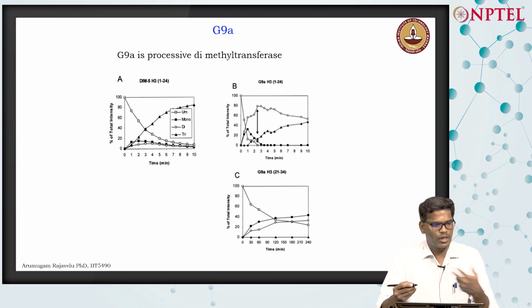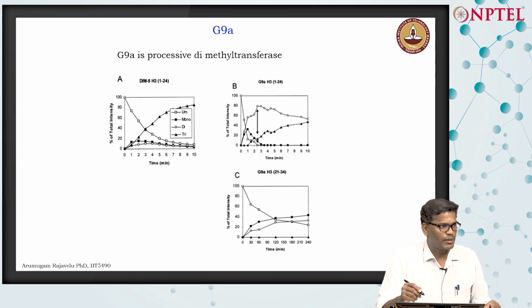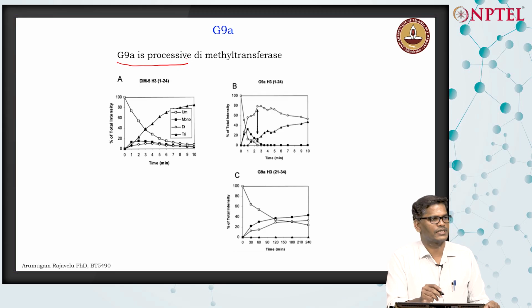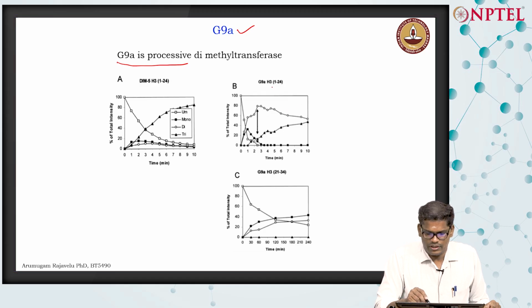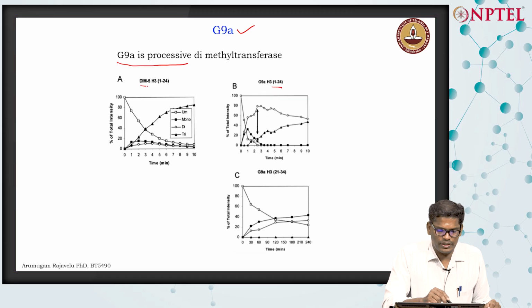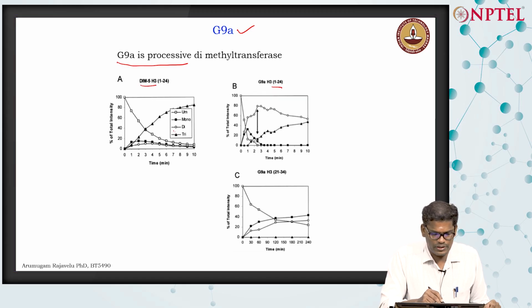To know a little more about why it can introduce only dimethylation, you see this is one of the methylation assays they conducted using this protein. Note that they use a histone 1 to 21 peptide as a substrate, and here the dimethylation and this is the trimethylation mark.